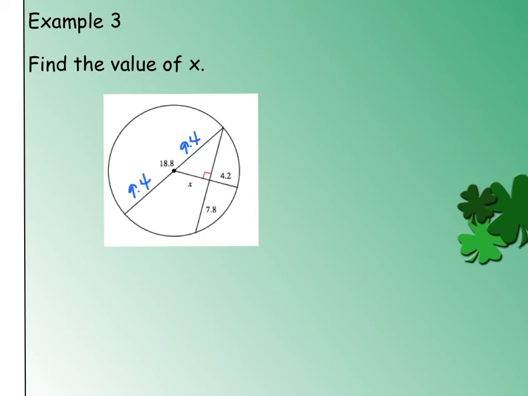Remember, a radius is going to be the same length no matter where it is drawn on the circle, and I notice that this chunk here is a radius, so the entire chunk has to be 9.4 units long. So I notice that x and 4.2 make up that segment. So x is going to be equal to 9.4, the whole thing, minus the chunk we know, so x is 5.2 units long.